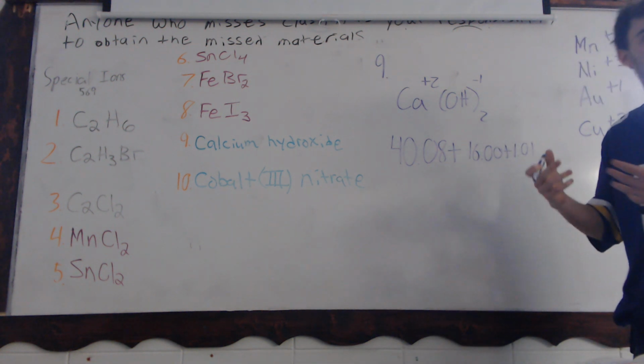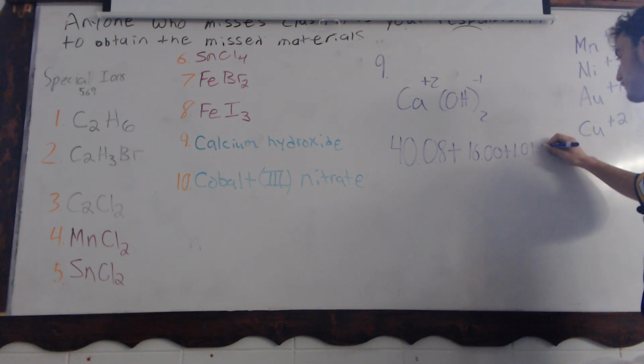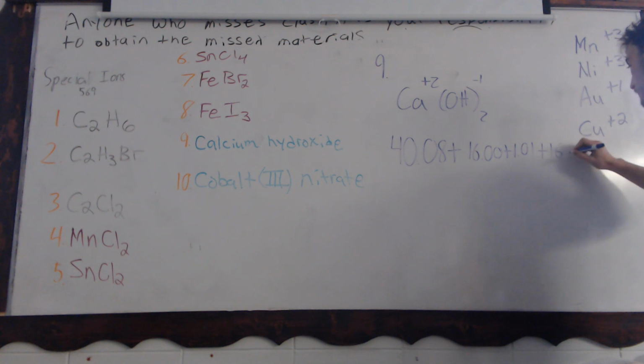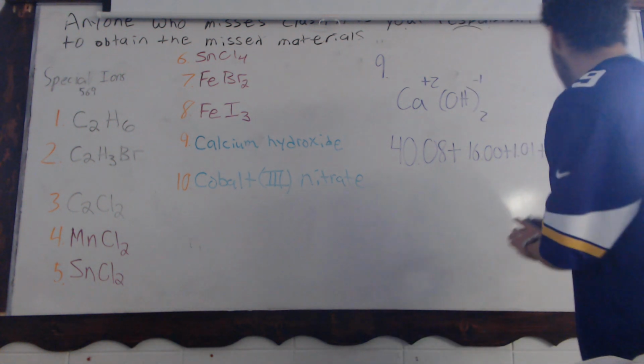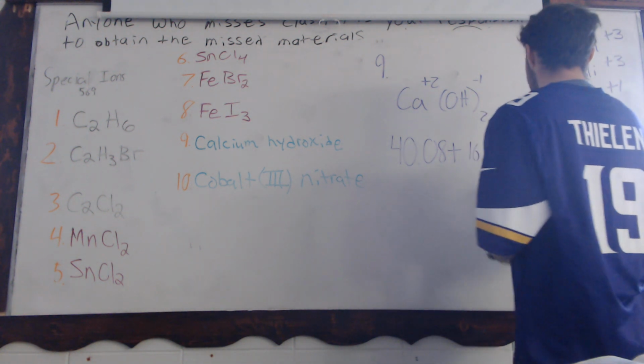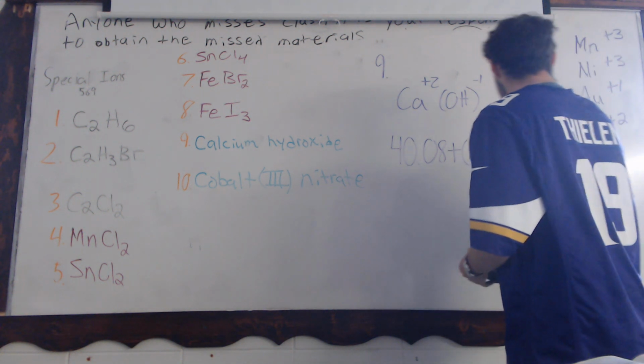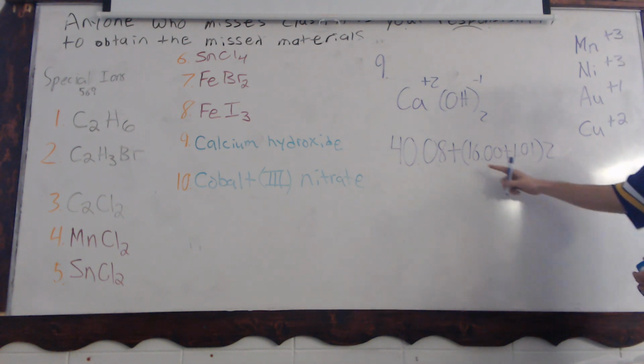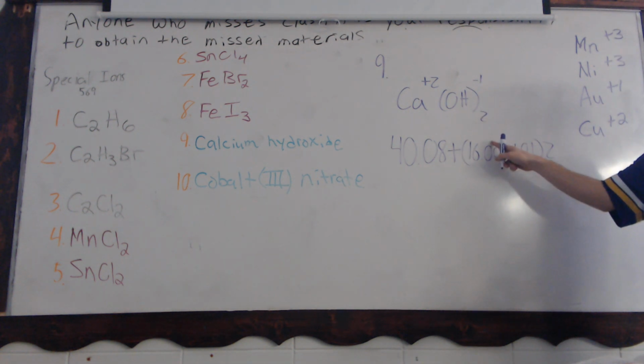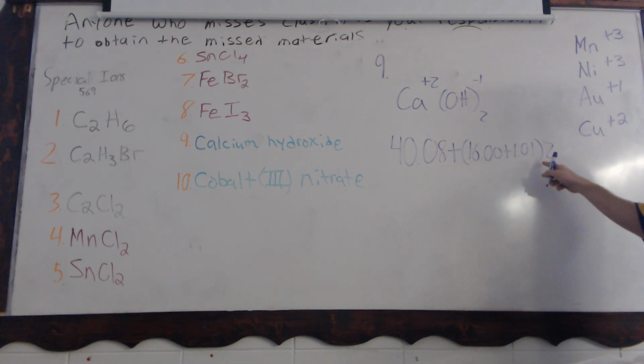So whatever way you want to do it, you can just go plus another oxygen plus another hydrogen, or again for those formula people, you can go like this, times 2. So we know that, oxygen, hydrogen, 2 of them.